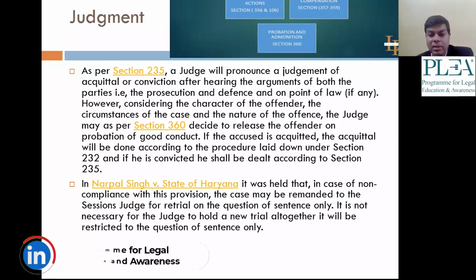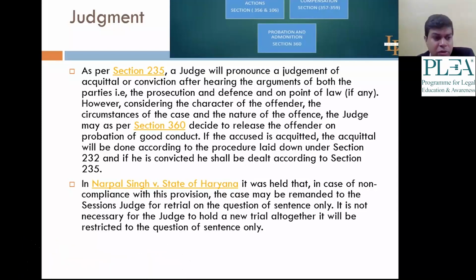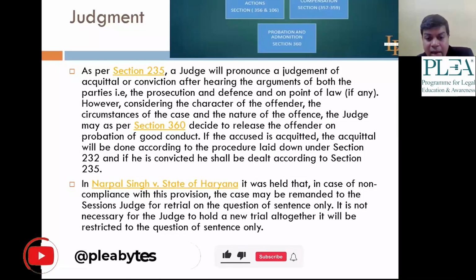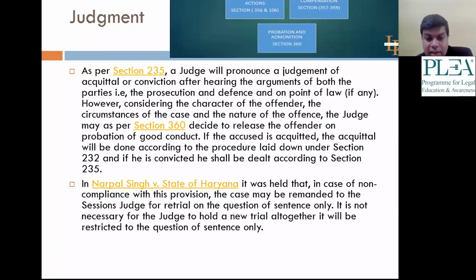So normally, if there is no proper judgment, or the trial has not been conducted in a fair manner, then the case can be remanded back to the sessions judge for retrial on the sentence only. So this citation clearly states that, but it will be restricted only to the question of sentence.